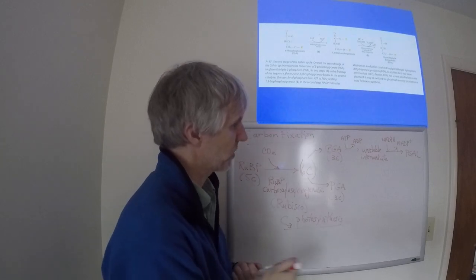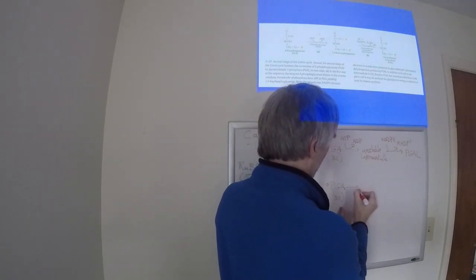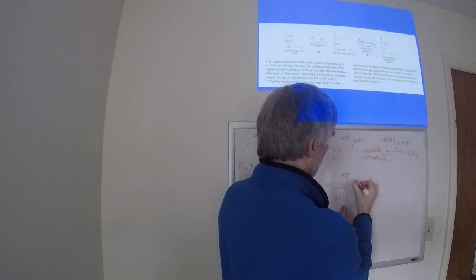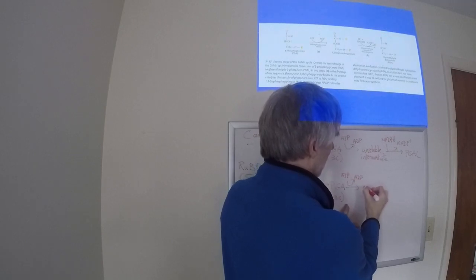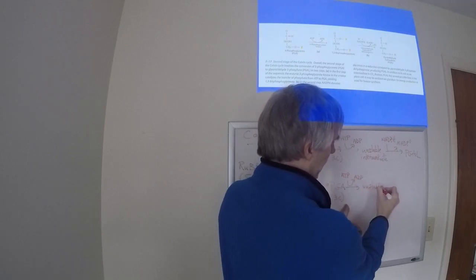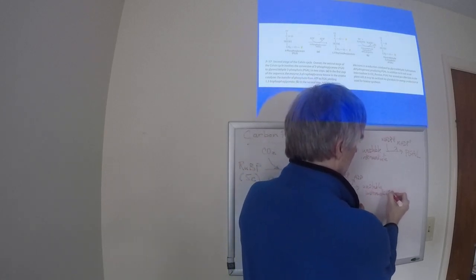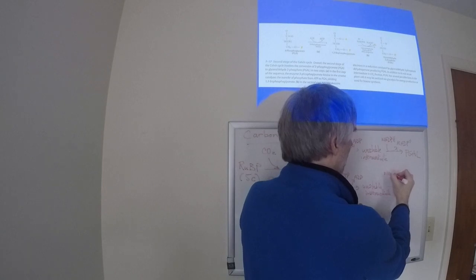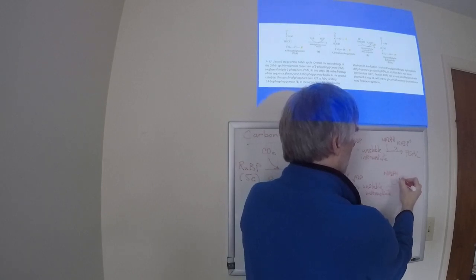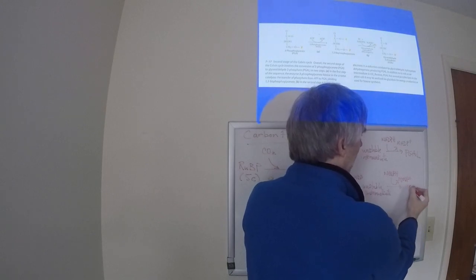Okay? So I would do the same reaction down here. ATP gives me ADP, the unstable intermediate. NADPH, NADP plus, and I've got my PGAL.